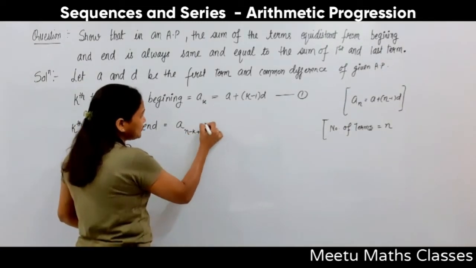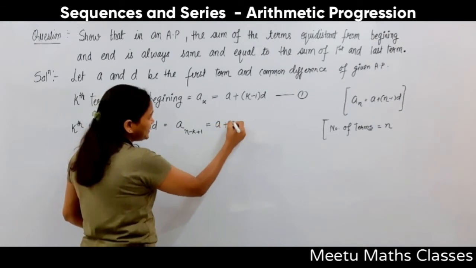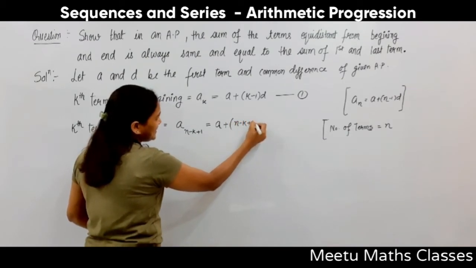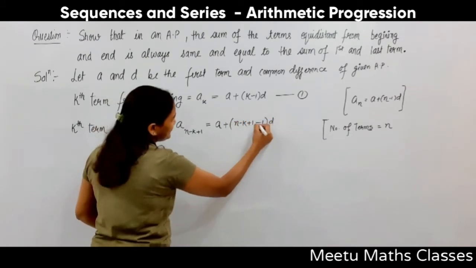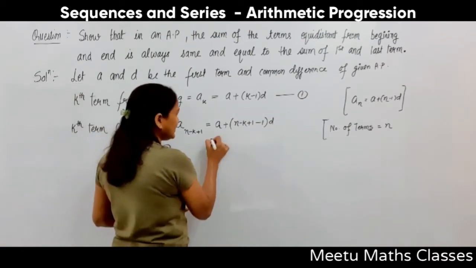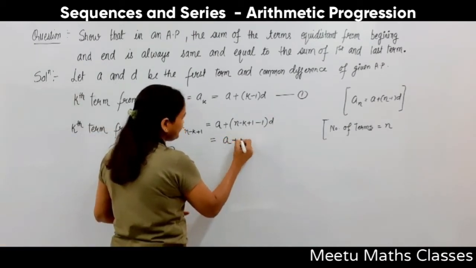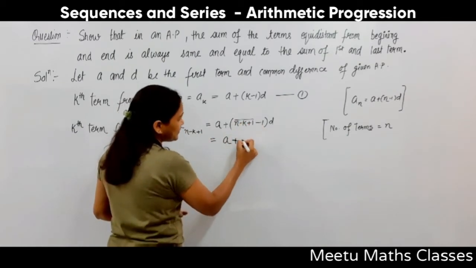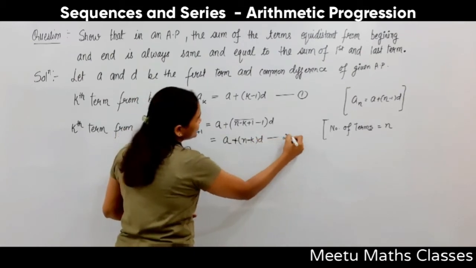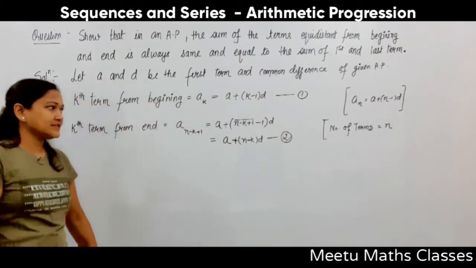So this term will be equal to first term plus आप इसमें n minus 1 plus k minus 1 d में से एक कम time common difference add करेंगे, and that is equal to a plus n minus k d. So kth term from end will be this.